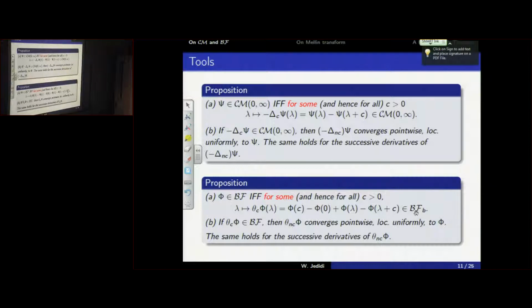It remains a Bernstein function. And this is crucial: if a shift, the difference operator applied to a completely monotone function is completely monotone, then necessarily psi is completely monotone. And the same holds by replacing psi by phi, which is a Bernstein function, and replacing delta by the theta operator.